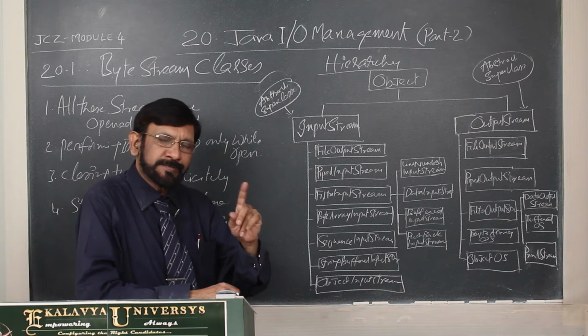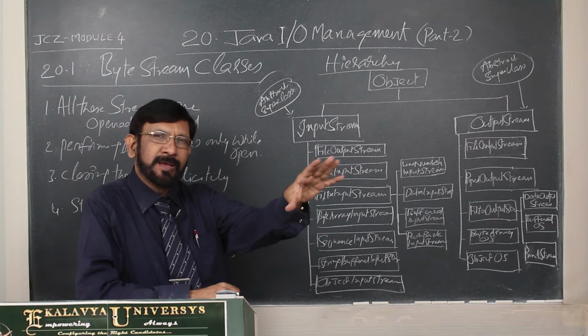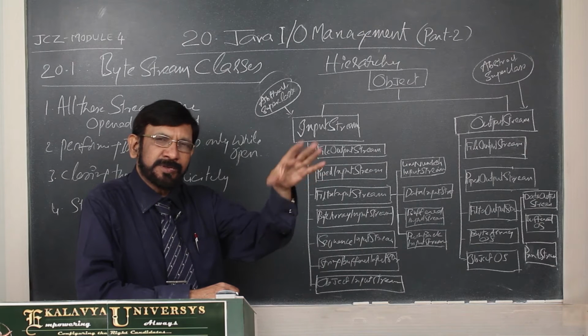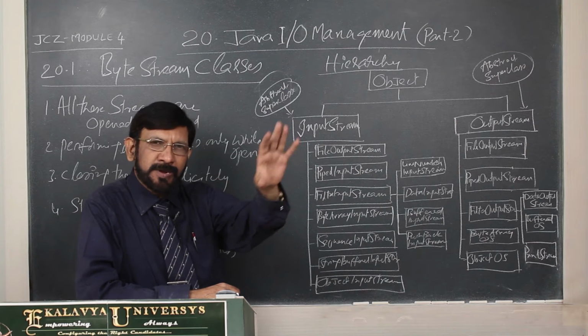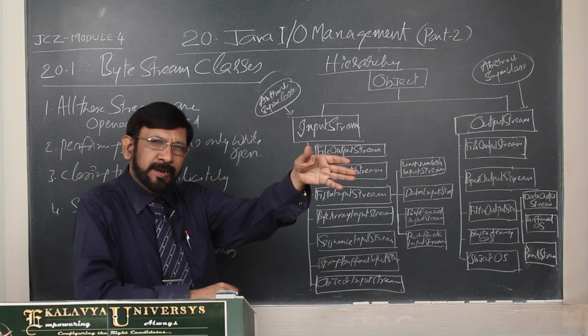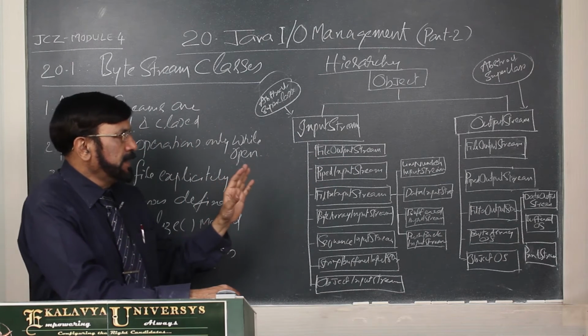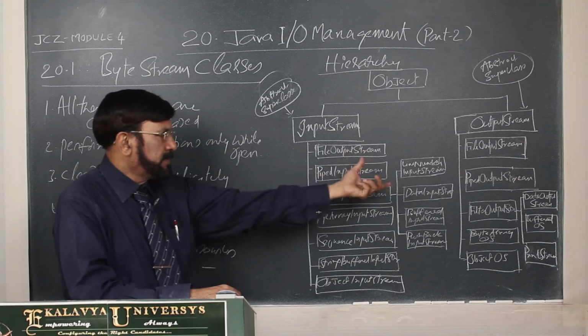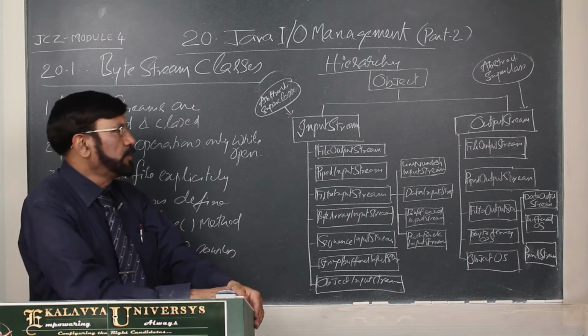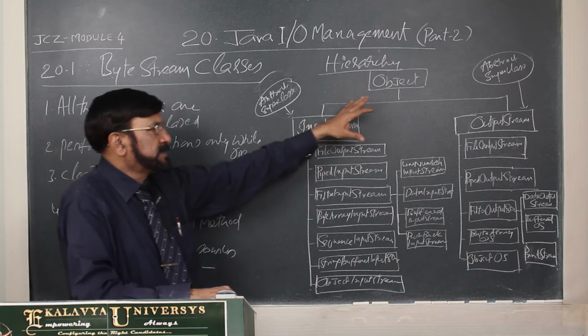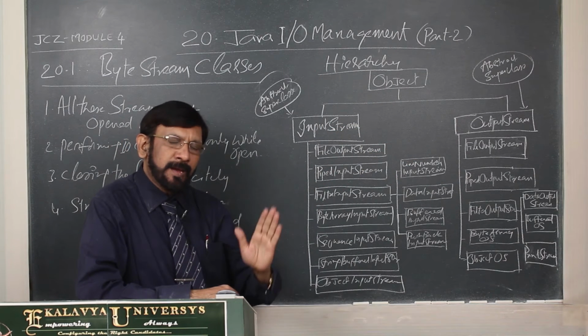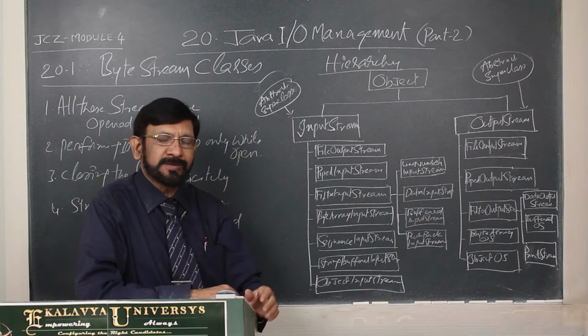Already in the previous chapter, you have taken such a segment: character stream classes, input stream classes, and output stream classes, that is called writer and reader, all that you have studied. The same analogy is applicable for this. Here also, in this segment of the hierarchy, I am showing only byte stream classes.